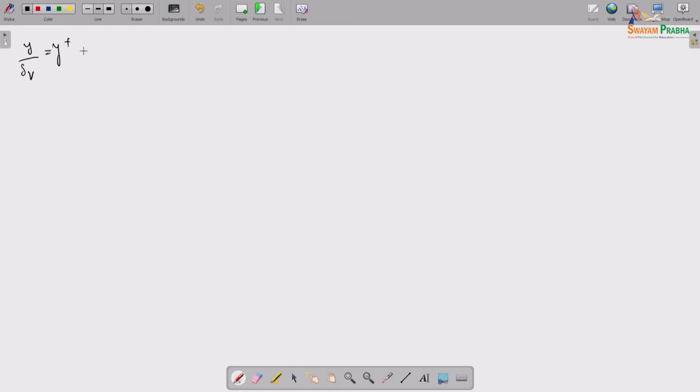So if this y plus is less than 50, then the direct effect of molecular viscosity on shear stress is significant, and this is then called the viscous wall region.